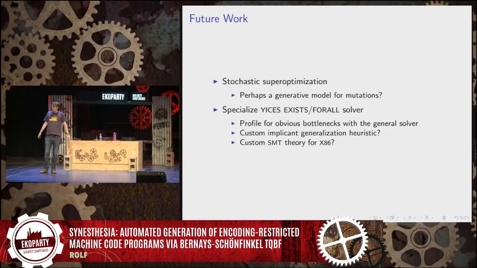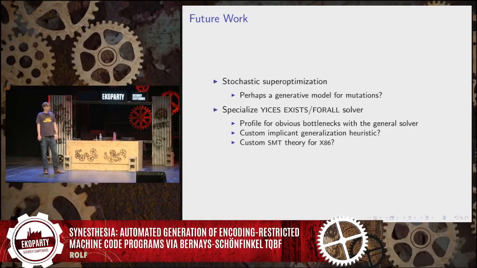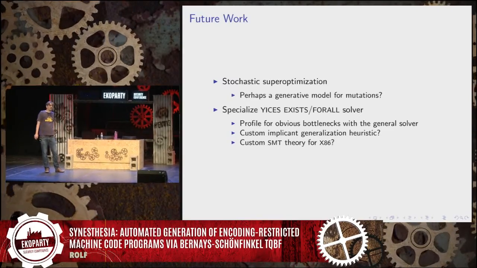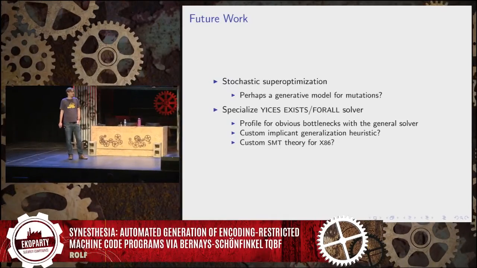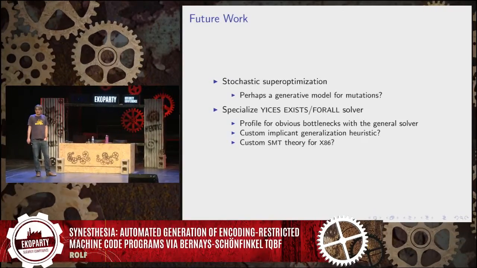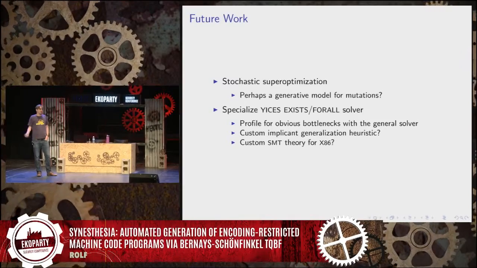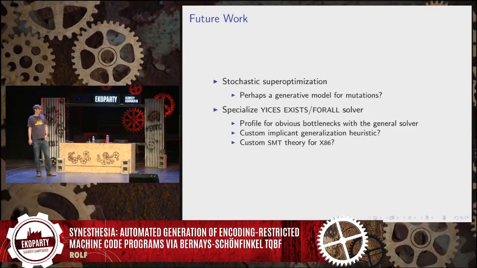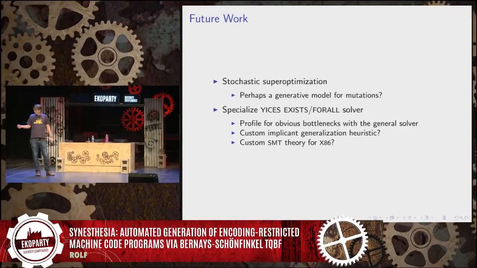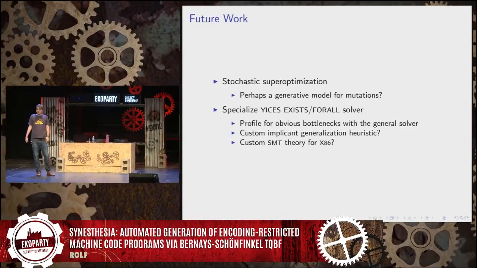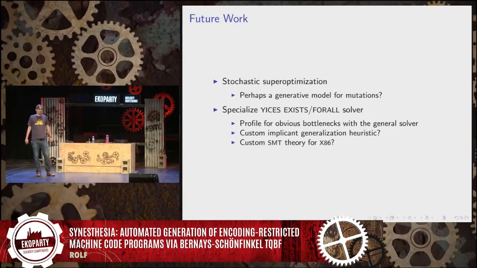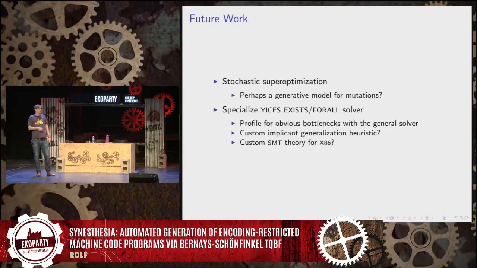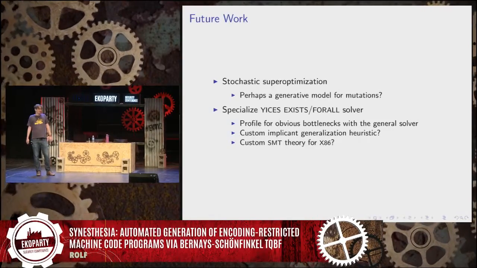In the future, I'm going to look into maybe stochastic superoptimization for this, which is a technique based on genetic algorithms for doing program synthesis. Perhaps we could represent the input restrictions as some sort of grammar and have a generative model come up with mutations. And then I'm going to look into ways to make the existing stuff faster. As I said, Yices will time out on complex formulas, so I'd do some profiling to see if there are any obvious bottlenecks I can get rid of.